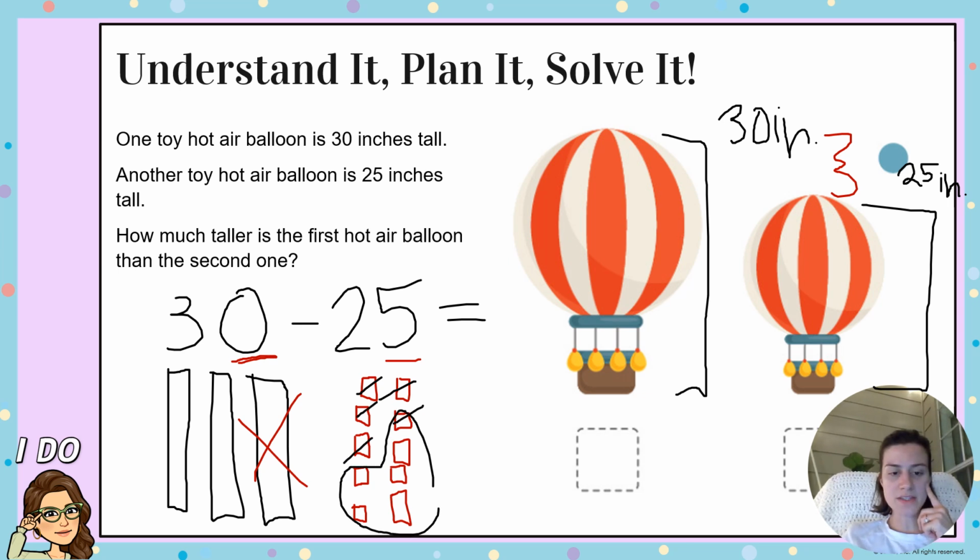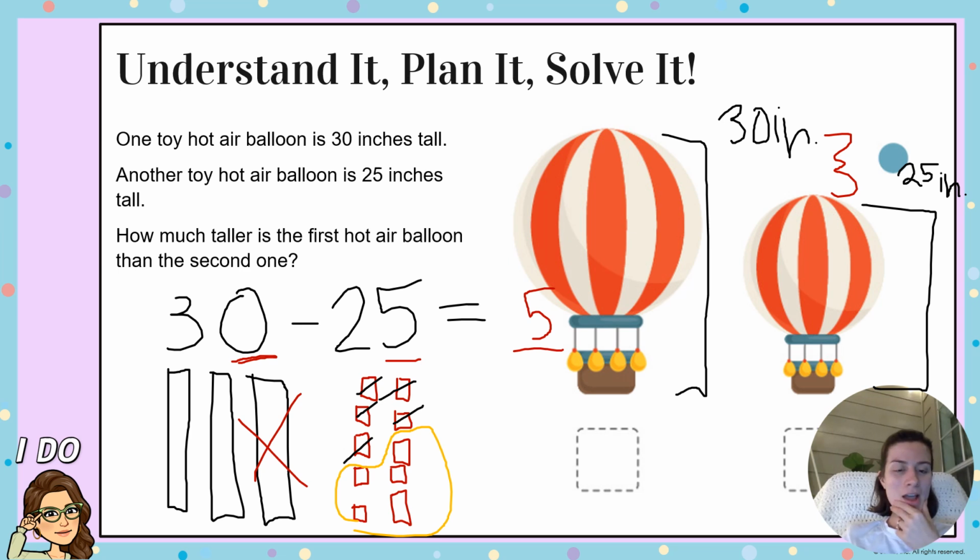How many ones do I have left? Oops, sorry guys, I circled one of the ones that I scratched out. I don't want to confuse you. Okay, let's count these. I have 1, 2, 3, 4, 5 ones left. So 5 goes in my ones place.